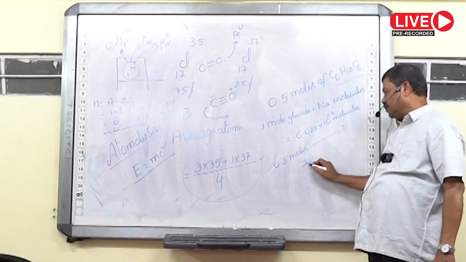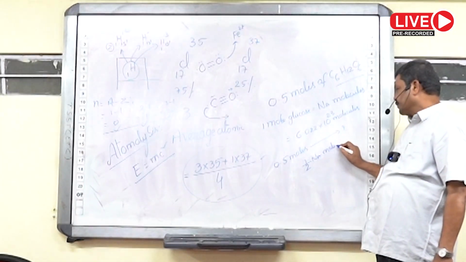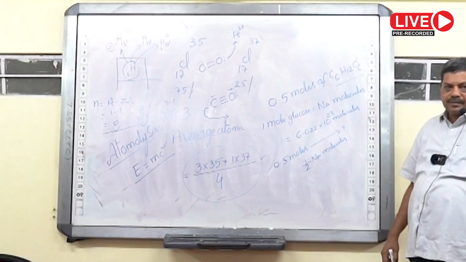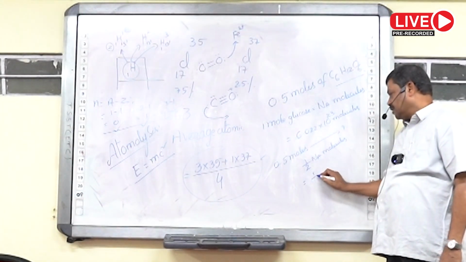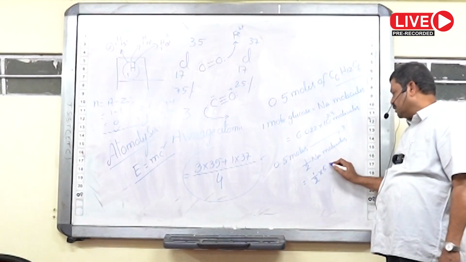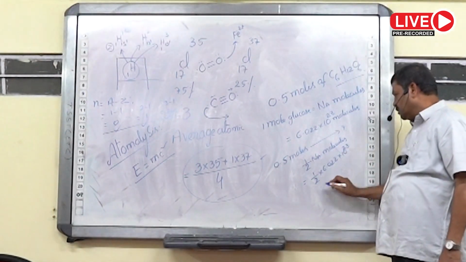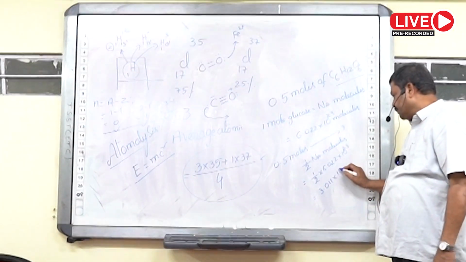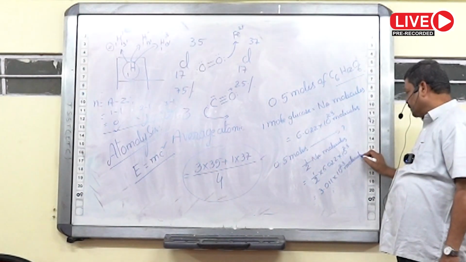Half the Avogadro number. Half into Na molecules, half into 6.022 into 10 power 23, which is 3.011 into 10 power 23 molecules.